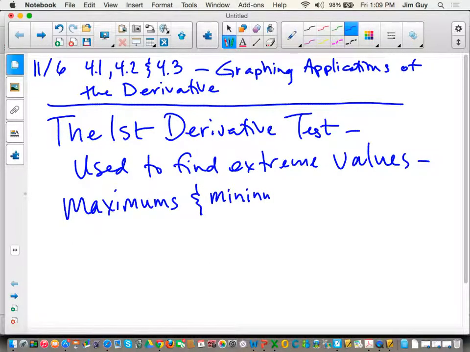We've talked about this already, right? You've had to find the maximum value. And how would you find that using the derivative already? Slope is what? 0, right? And the slope is the first derivative, so you can see how that's going to work out.